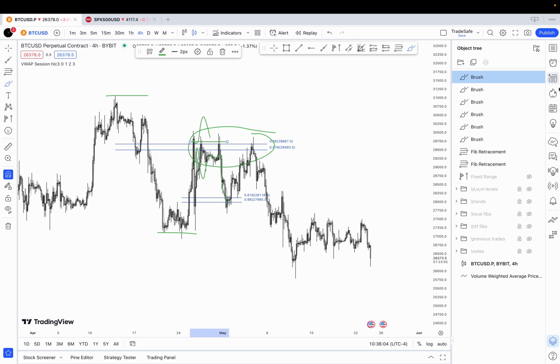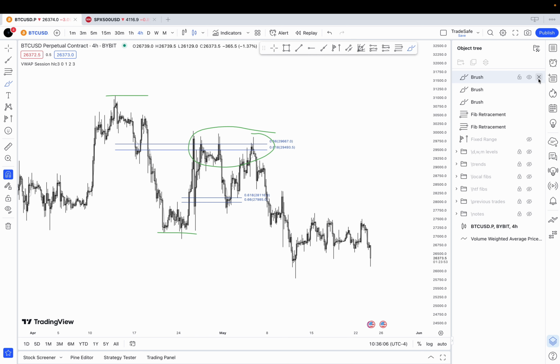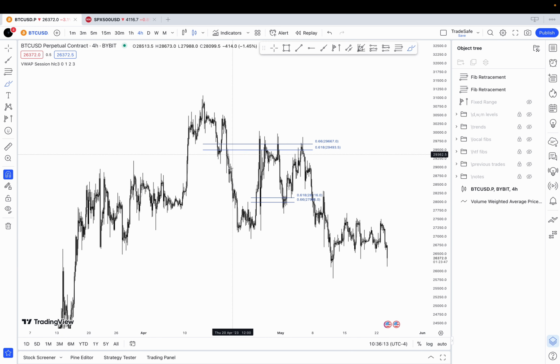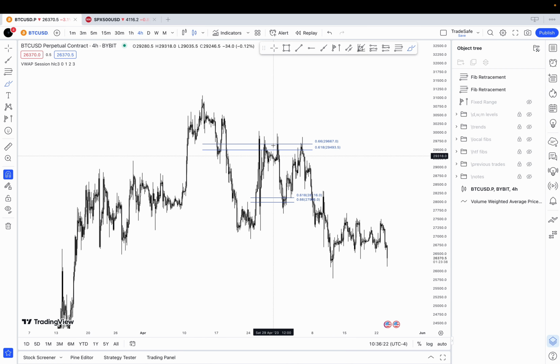But that's not to say it couldn't play. If the market is overall bullish and we are heading up for higher, the chances of that pumping are pretty high. But in this case, we are putting in new lows on the chart, so we have identified the change in market structure, and we would be looking for that lower high to be put in, which has been put in here quite nicely.